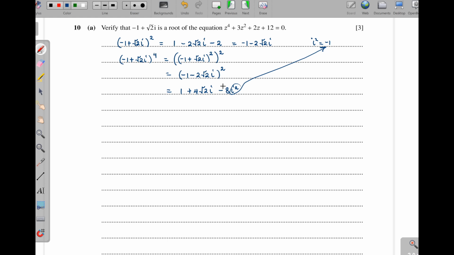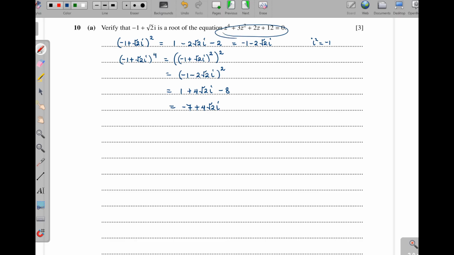That means, remember here you are having a plus because you squared the negative. Now, the i squared is going to make this one a negative. So we are going to have minus 8 like that, and then it simplifies to 1 minus 8, that's a negative 7, then plus the 4 root 2i, not so?